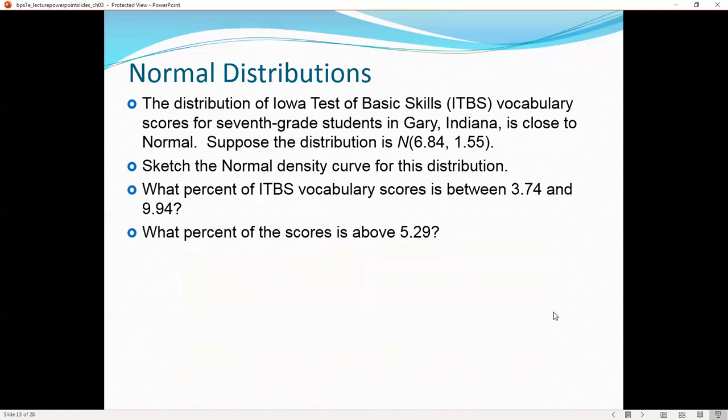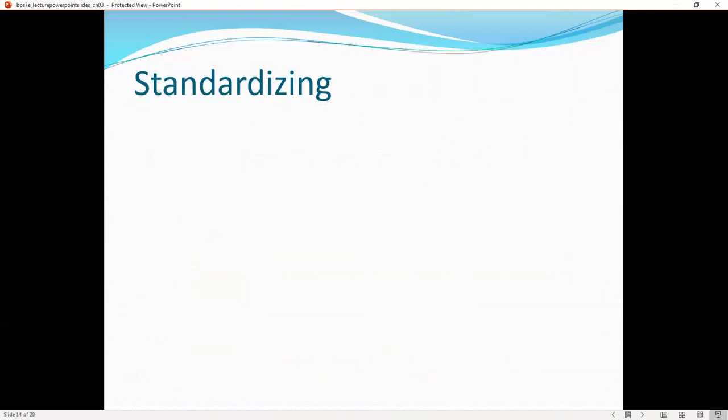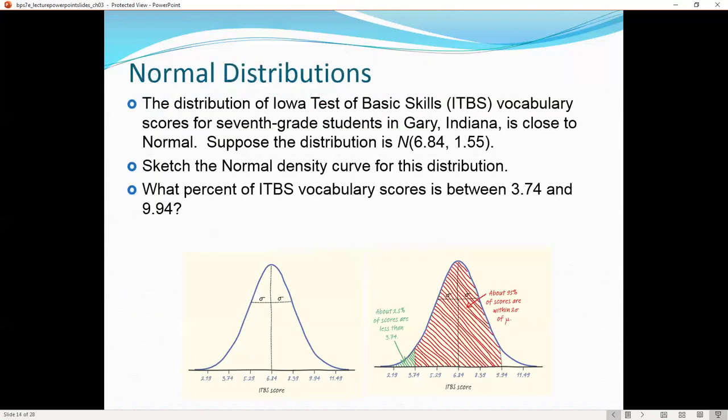What percent of the scores is above 5.29? Oh, let's go back to our picture. I think that's this one. Let's see, above 5.29.